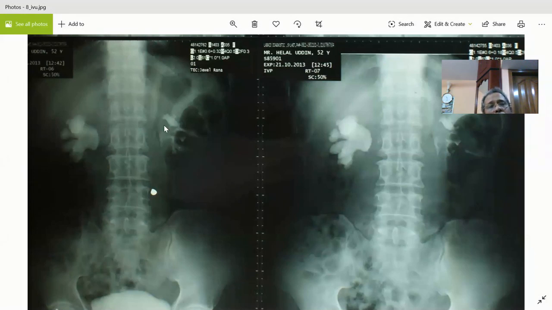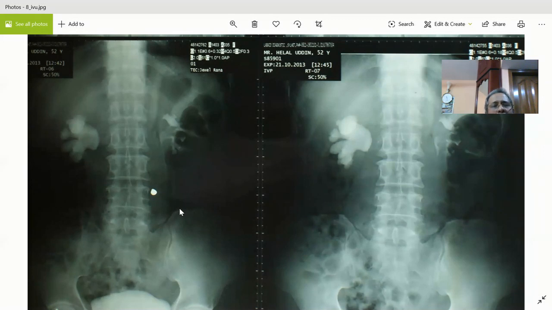So hydronephrosis needs the production of urine in the calyces and pelvis to exceed the outflow of the tract. That means in the calyx, the ostium of the calyx is the outflow tract. In the pelvis, the pelvic junction is the outflow tract. So if the pelvic junction is narrowed, the urine produced by the kidney is not capable of going down at the same time.